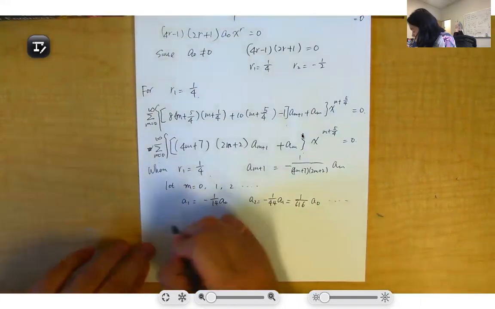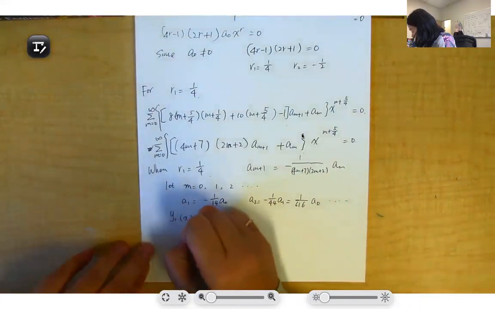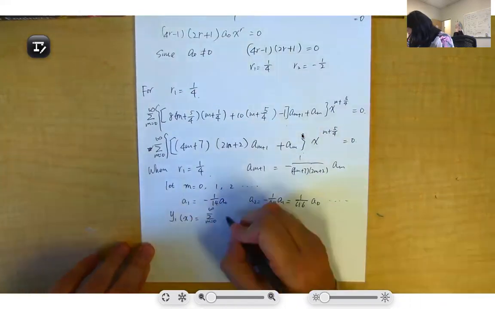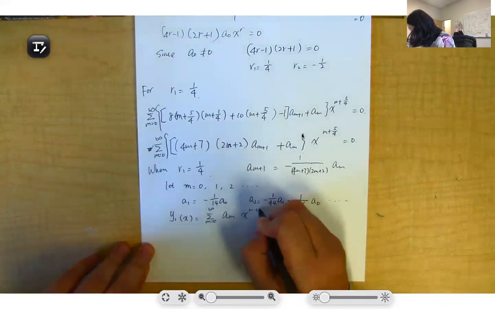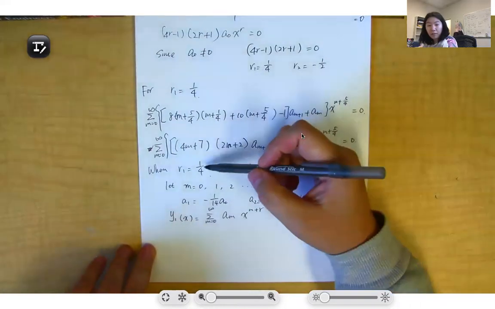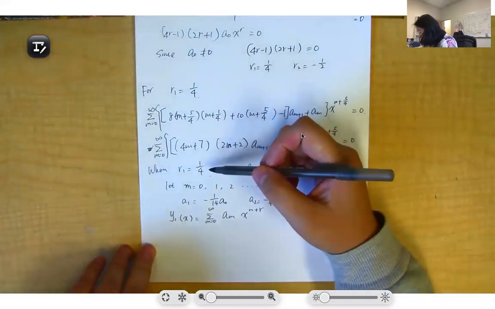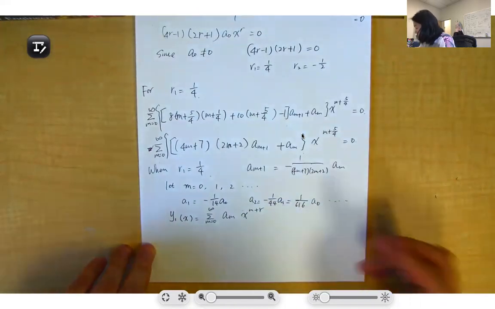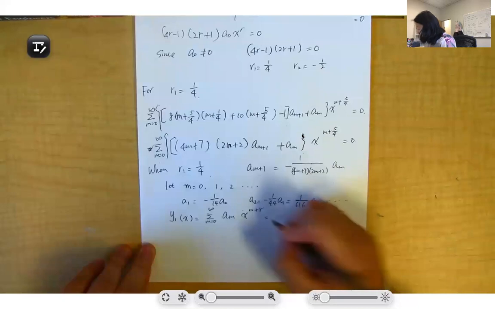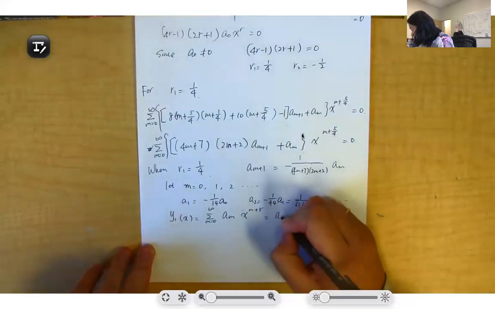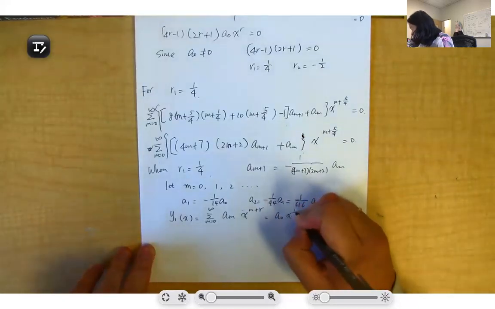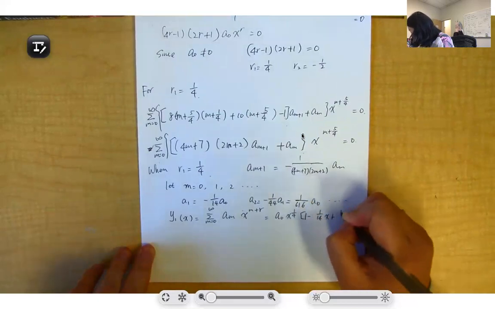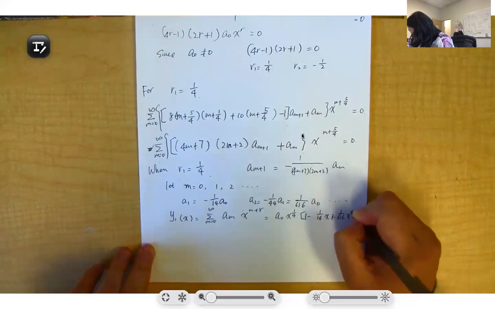Then y1(x) will be equal to the sum from m equals 0 to infinity, a_m x to the m plus r, right? This r is when r1 equals 1 over 4. a_m is satisfied for this relationship, so that we can get a naught x to the 1 over 4 times (1 minus 1 over 14 x plus 1 over 616 x squared plus dot dot dot).